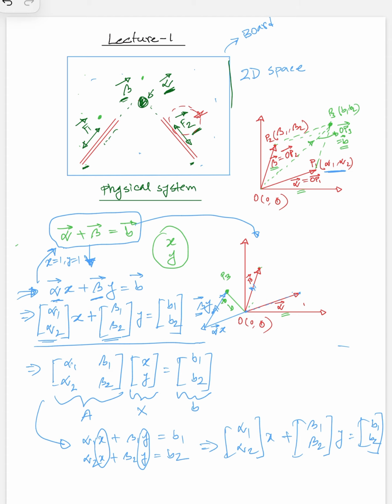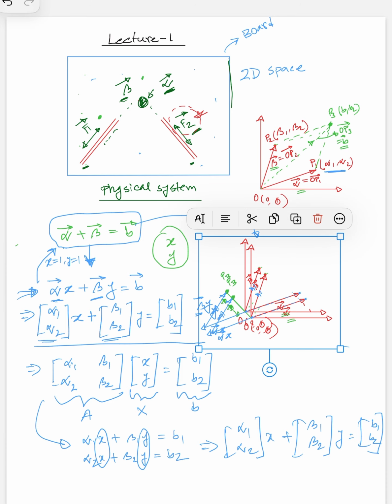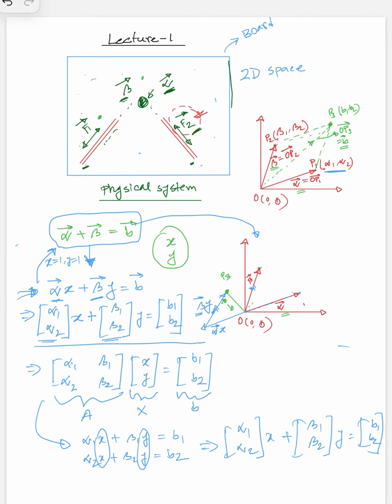That's why we could get any point on 2 dimension. Now to give an example of this, let's make a copy of this thing and take it to the next page.